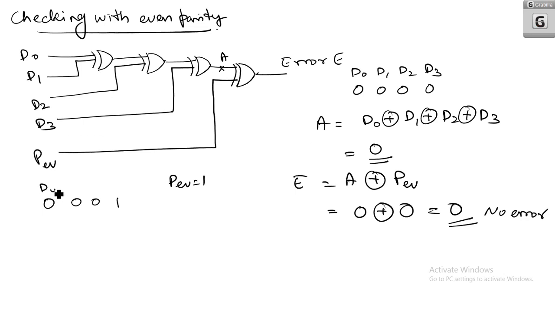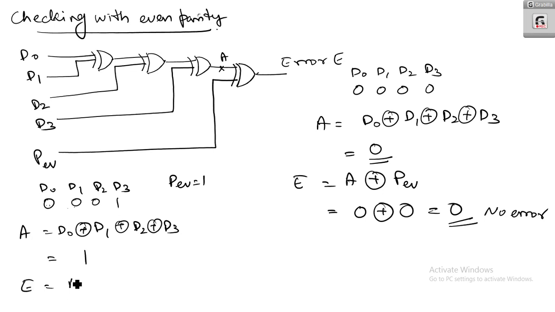So this is D0, D1, D2, D3. At point A, what we get is D0 XOR D1 XOR D2 XOR D3. So 0 XOR 0 is 0, 0 XOR 0 is 0, then 0 XOR 1 is 1. Now what is the error?